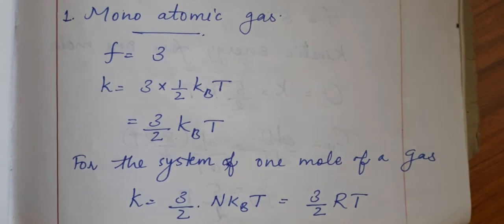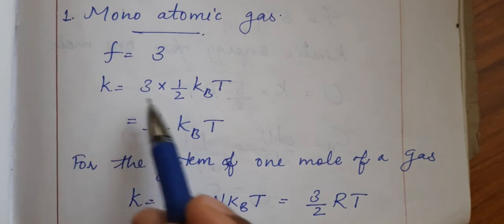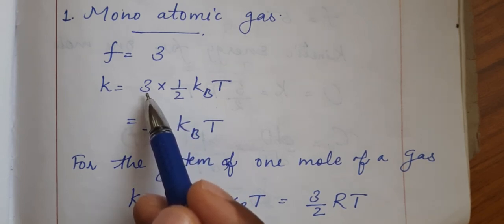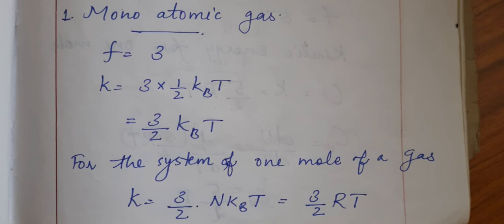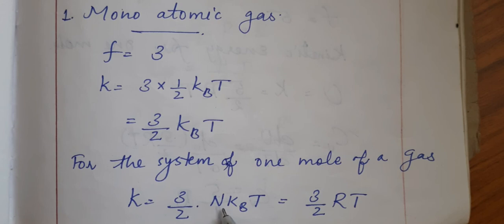For monoatomic gas, we told the degrees of freedom is 3, which means K is 3 times 1 by 2 kBT. F is 3 in this case. F times 1 by 2 kBT, we get 3 by 2 kBT. Now suppose this is for 1 molecule; if it is for 1 mole, the equation becomes 3 by 2 N kBT, where N is the Avogadro number.